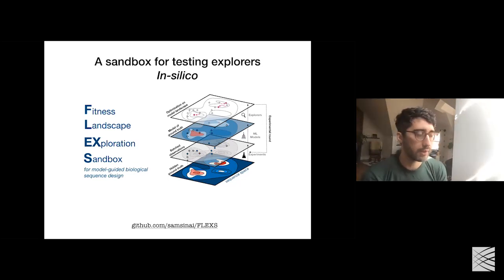Obviously, it's a work in progress, and anyone is welcome to contribute, but we are releasing it into the public domain: a sandbox that helps you plug in algorithms, just like you would in OpenAI Gym or another reinforcement learning platform, and see if your sequence design algorithms can perform well. It has all these layers that I've mentioned. It simulates the process of designing multiple batches, experimenting with them, and then making a model of ground truth.